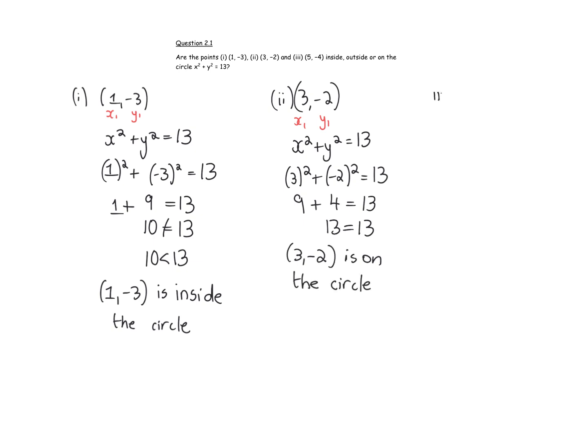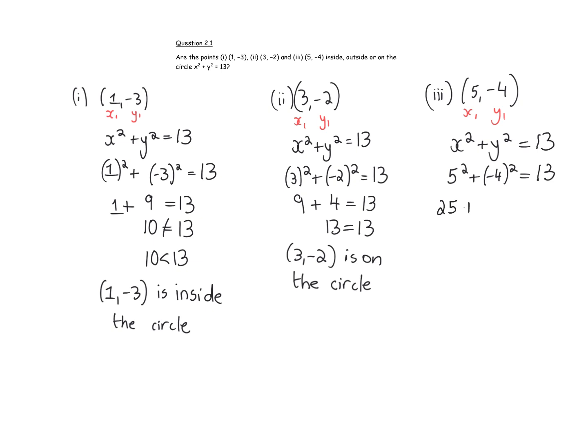The final part, part (iii), asks us about the point (5, -4). Again, we have (x1, y1), and we have the equation x squared plus y squared equals 13. So we replace in what we know, so it becomes 5 squared plus (-4) squared compared to 13. 5 squared gives us 25, plus (-4) squared, which is 16.